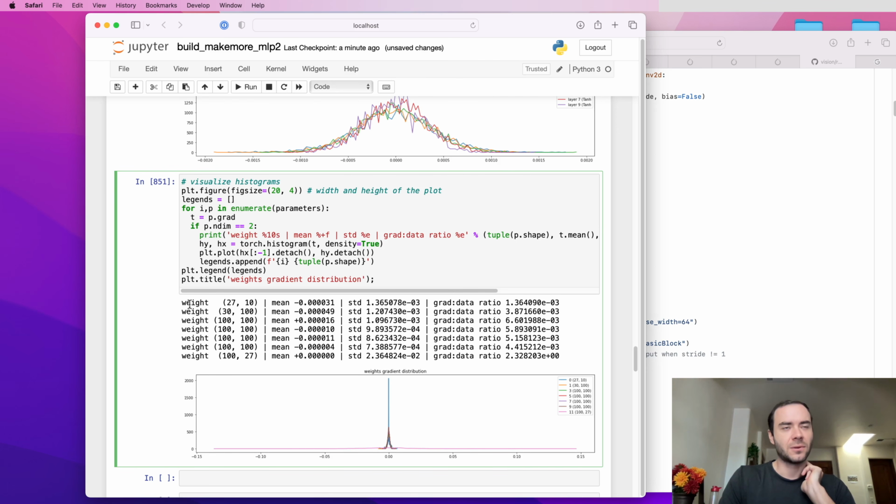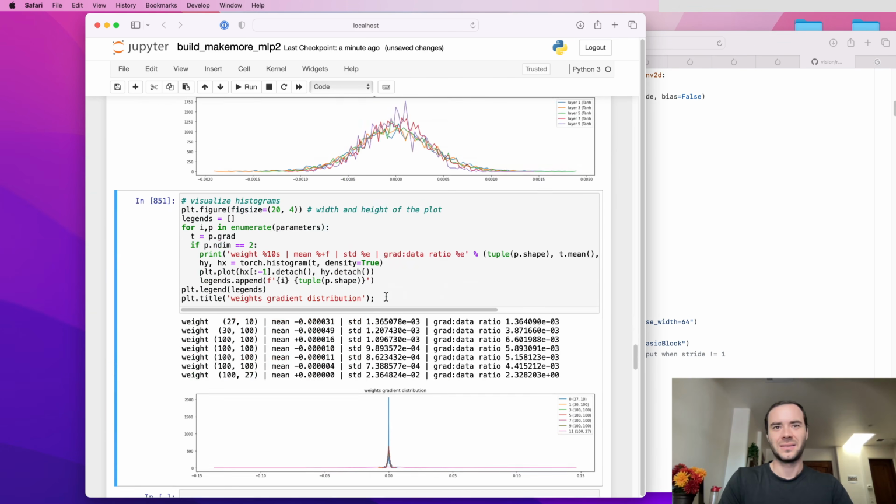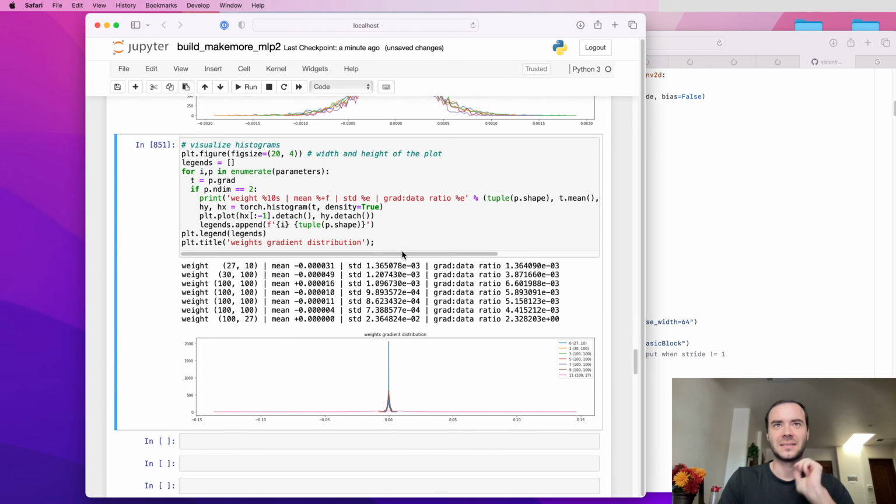So here we have all the different weights, their shapes. So this is the embedding layer, the first linear layer, all the way to the very last linear layer. And then we have the mean, the standard deviation of all these parameters. The histogram, and you can see that it actually doesn't look that amazing, so there's some trouble in paradise. Even though these gradients looked okay, there's something weird going on here. I'll get to that in a second.